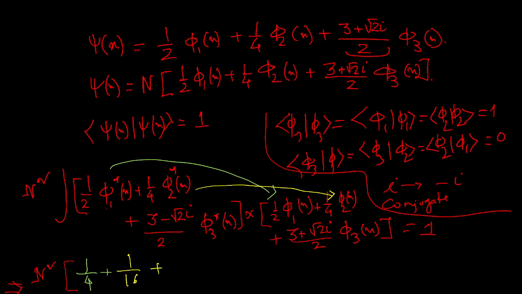And now this term with this term, so 3 minus 2i into 3 plus 2i root 2, that equals 1.